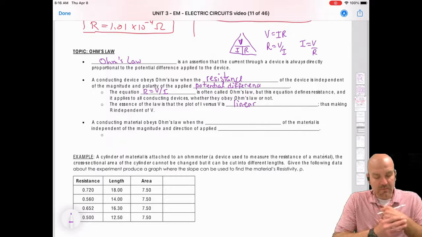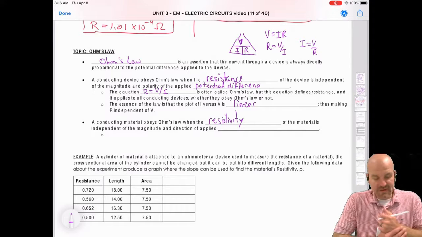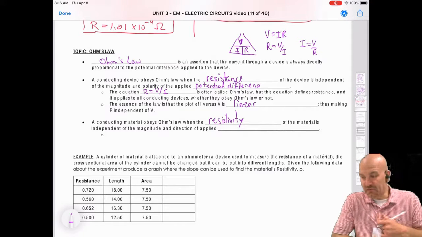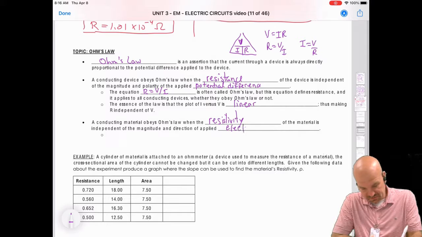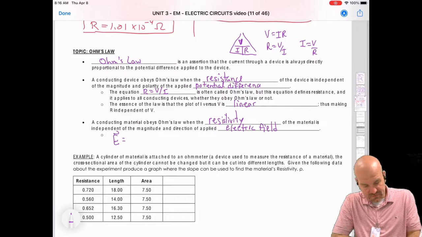So a conducting material obeys Ohm's law when the resistivity of the material is independent of the magnitude and direction of the applied electric field. Right, and so there we have another version, for an electric field.